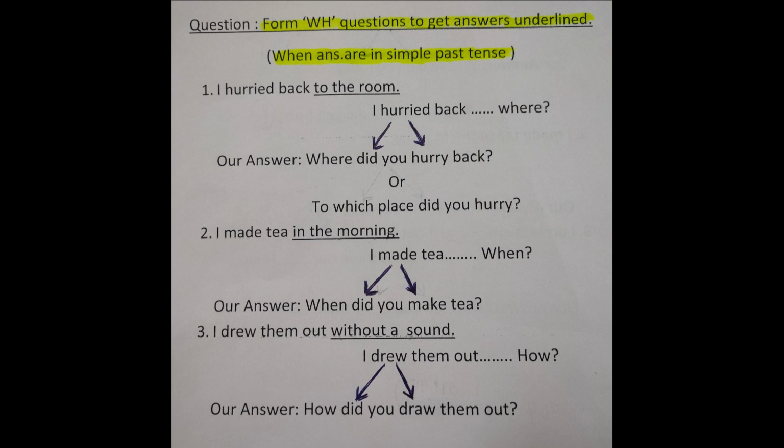Now let us take the next example. I made tea in the morning. In the morning is underlined. Means we will have to frame a WH question which will give us the answer as in the morning. So in the morning means they are talking about time, and for time we have to use when as the WH word in the question. So our intermediate answer is I made tea when.